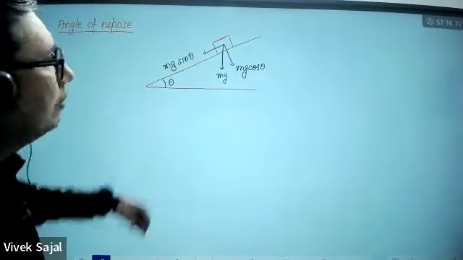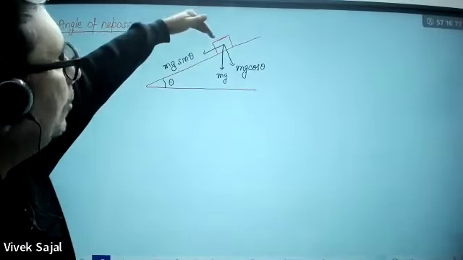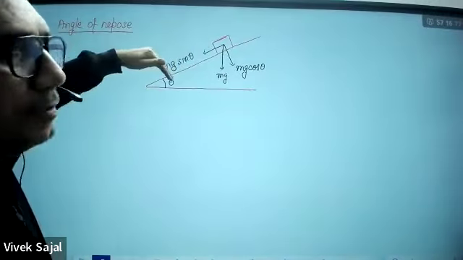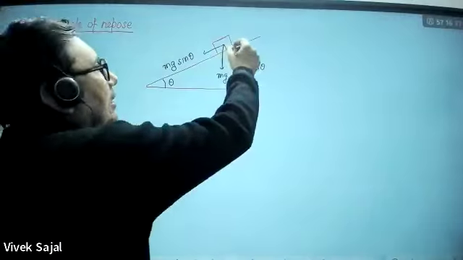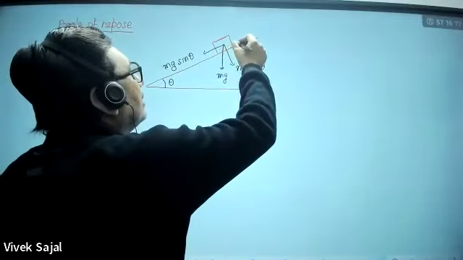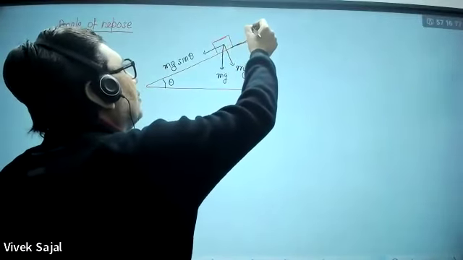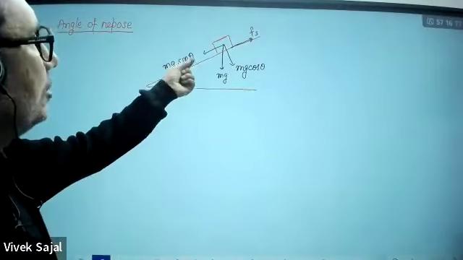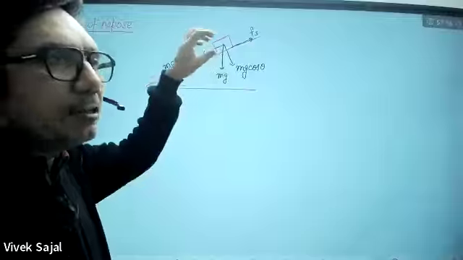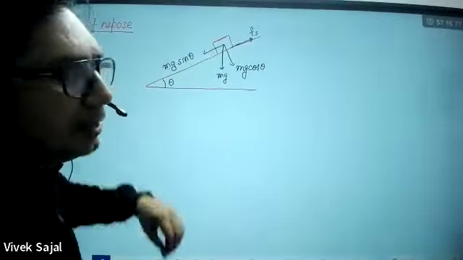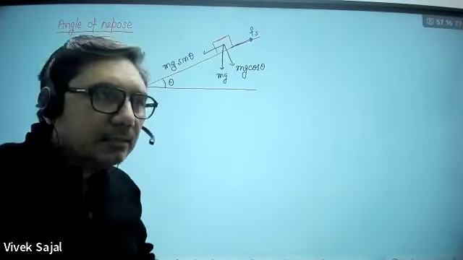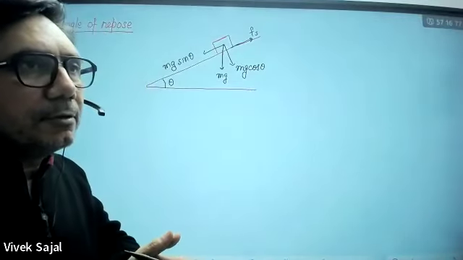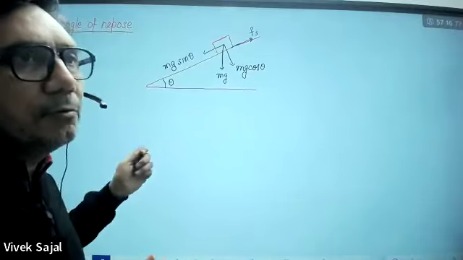Now, due to this component of the weight, this block will try to move in the downward direction. When the block is trying to move downward, a static friction force comes into the picture that will stop this block from moving in the downward direction.